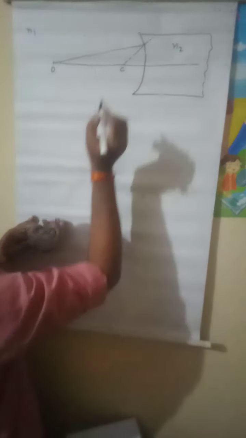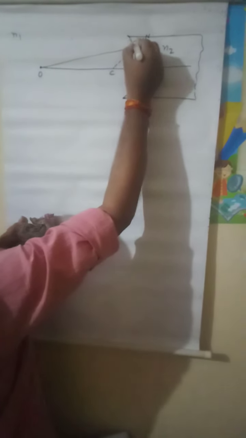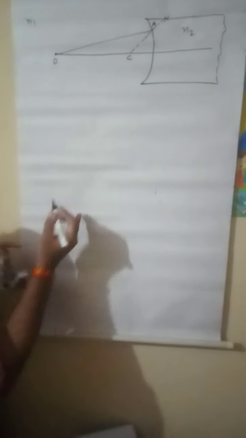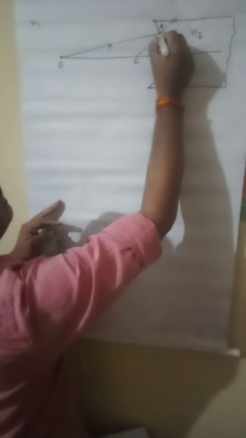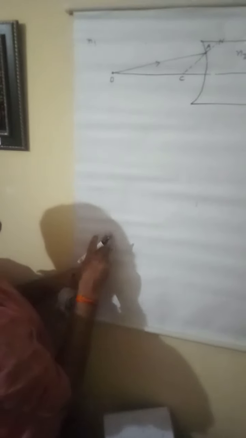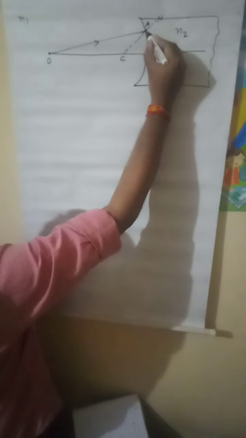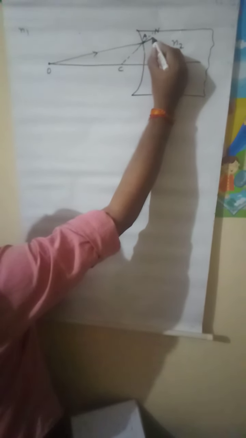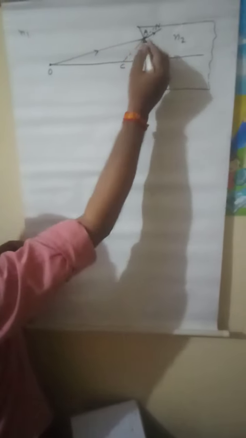Let C be the center of curvature, and let N be the normal at the point of incidence, A. An incident ray OA passes from O, incident at A, and now this ray enters from the medium of lower refractive index to the medium of higher refractive index, and therefore it will bend towards the normal and pass through this path.